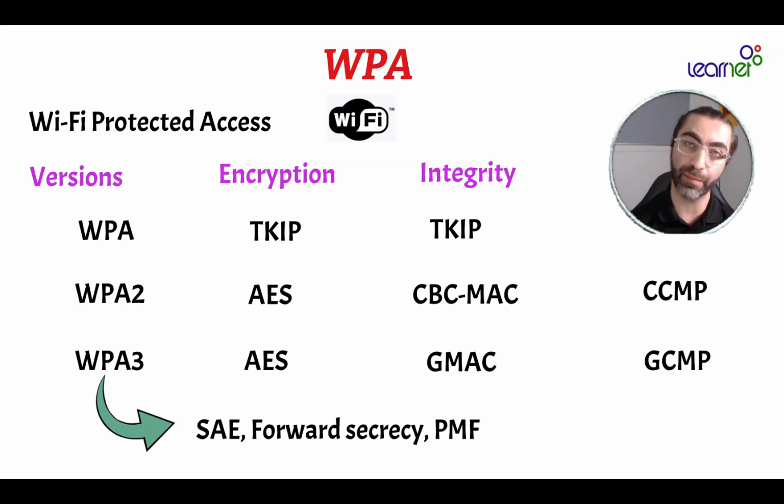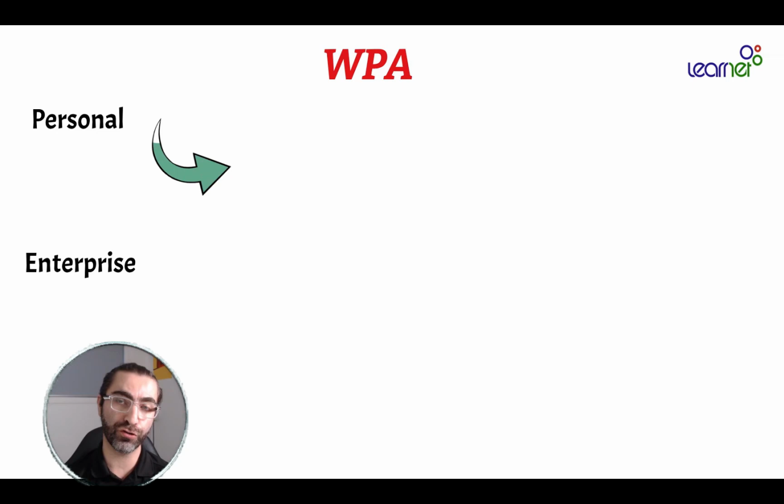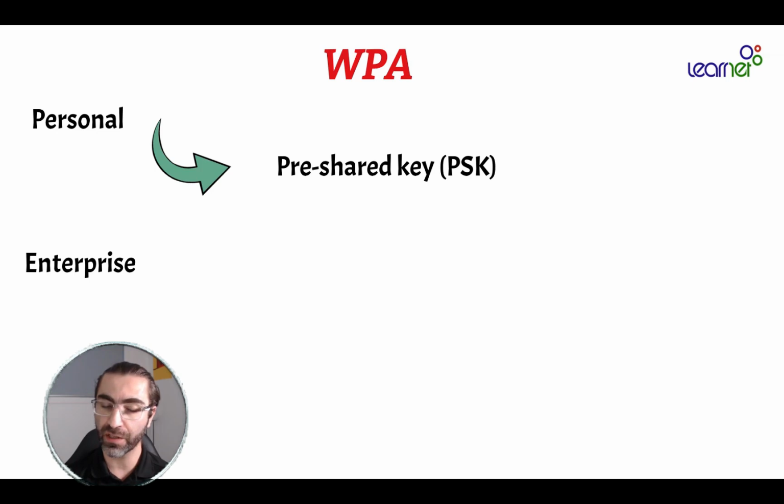You can implement WPA in two modes, personal mode and enterprise mode. In personal mode, simply it works like WEP, process-wise, which means that in a four-way handshake, it does the authentication through a pre-shared key, and also from that moment on, it uses that pre-shared key as the encryption key as well, and encrypts the data via that pre-shared key.